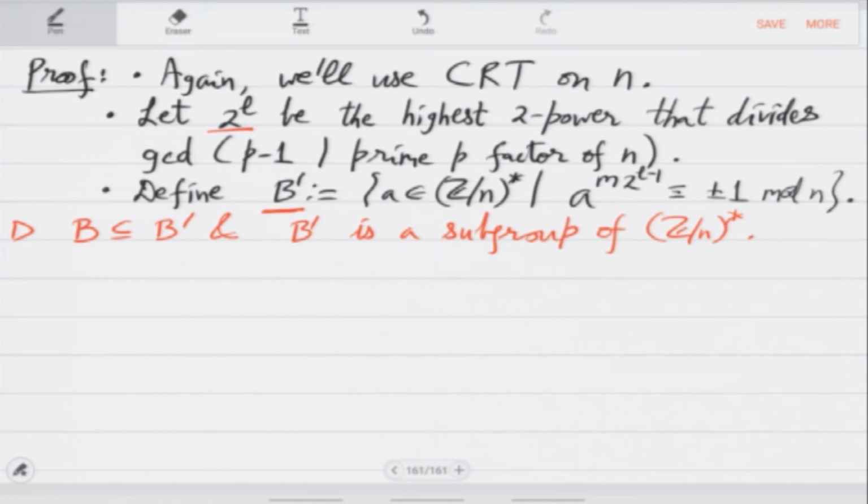So this subgroup B prime, how big is this? Okay, let us study this. In fact, first of all, why does it contain B? That is an important proof. So B prime is clearly a subgroup.